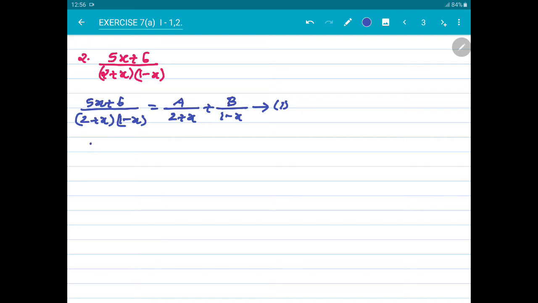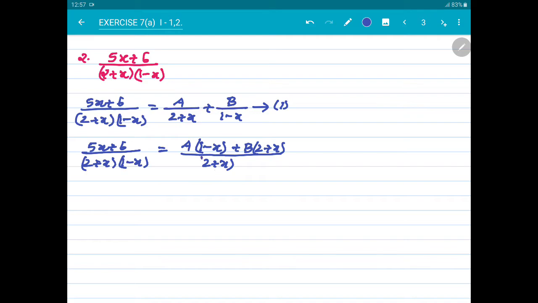Now take the LCM in the RHS: a times (1 - x) plus b times (2 + x), by (2 + x)(1 - x).